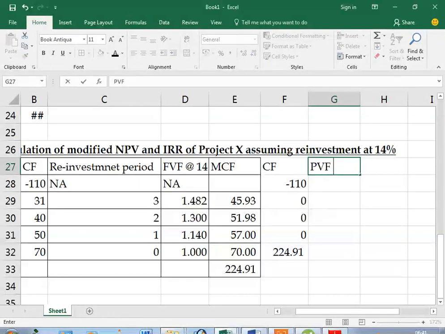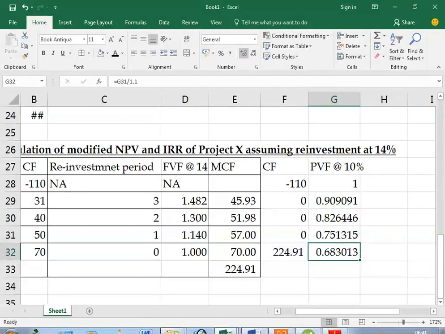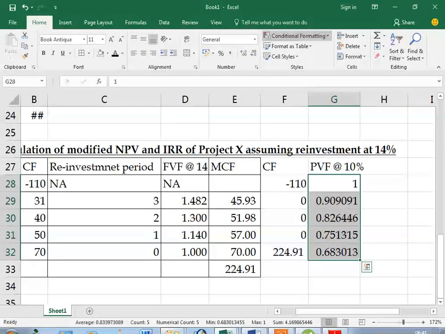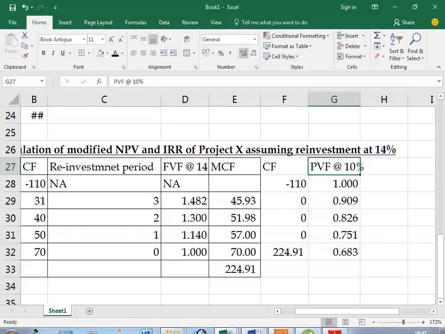PVF at, what is the discount rate they have said in the question? 10%. So that remains same, 1. And DCF.